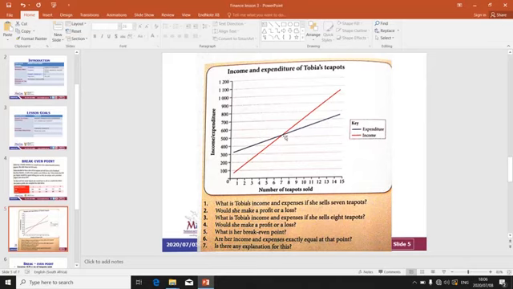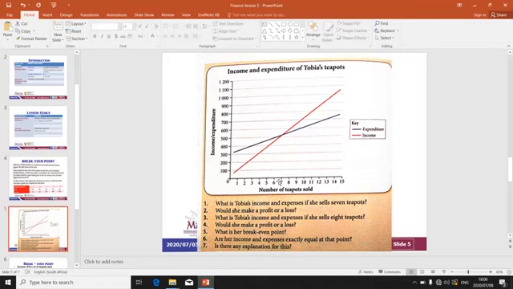So you see the break-even point is when the income and the expenditure are equal. In simple language, it's where the income and expenditure lines meet. Where they meet, they are equal. What is Tobia's income and expenses when she sells 7 pots?